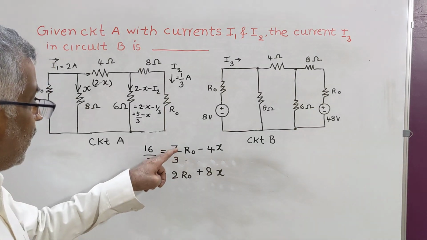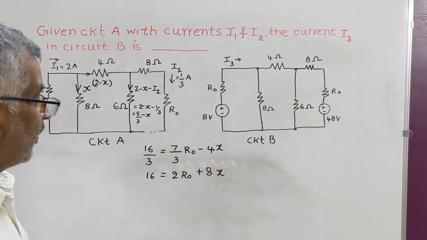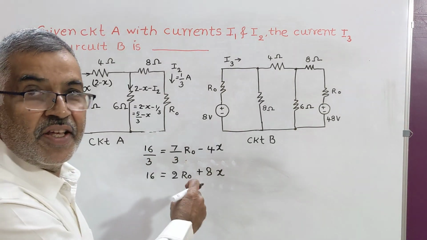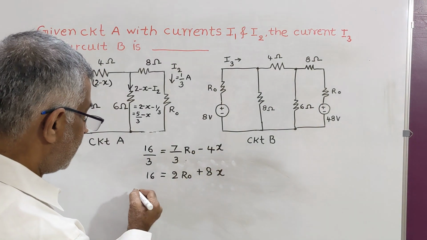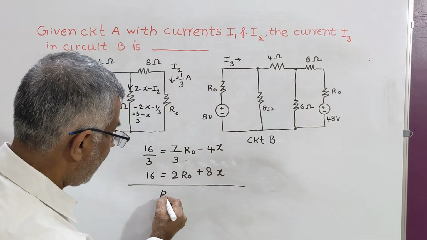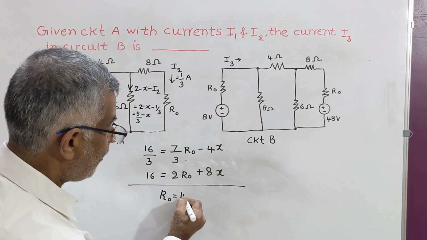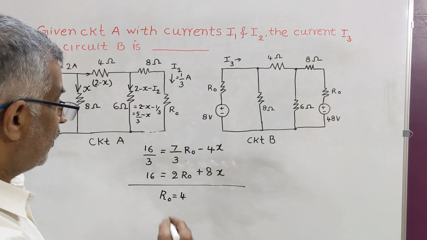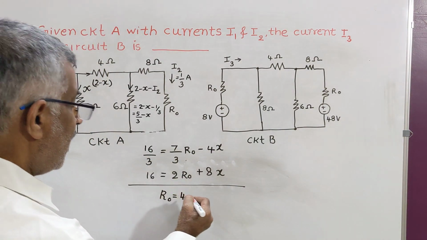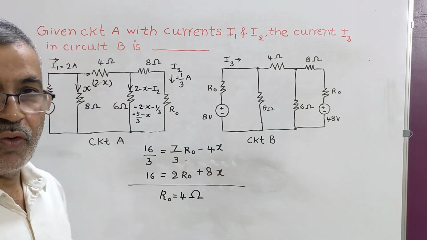After manipulation, I am getting these two equations. If you solve these simultaneous equations, you will get R0 as 4 ohms. I am not solving them here; you solve them and R0 comes out to be 4 ohms.